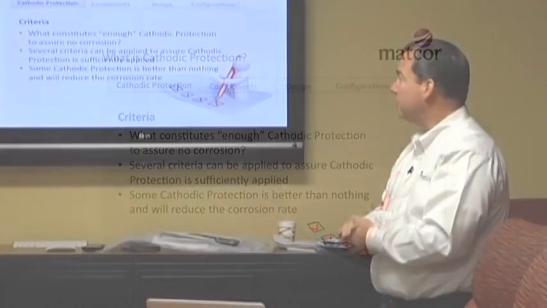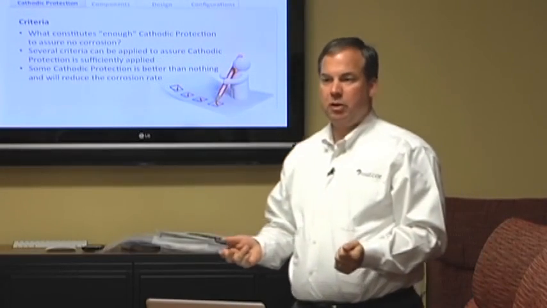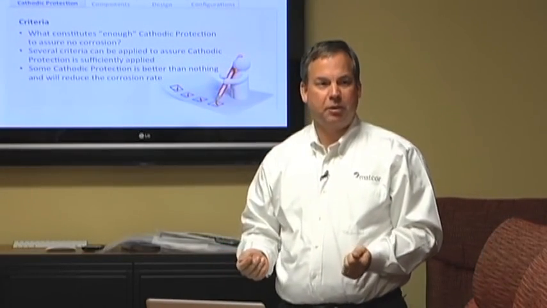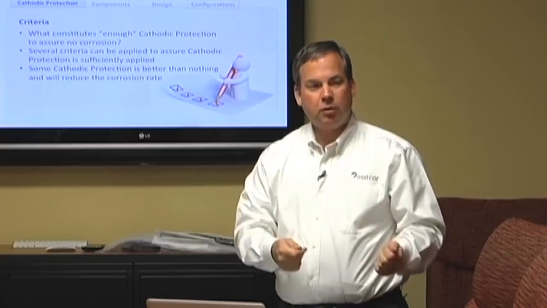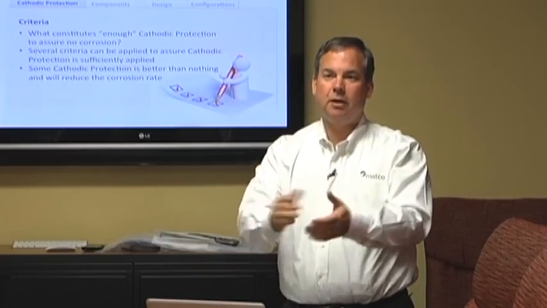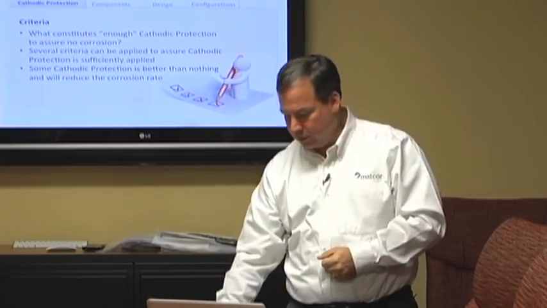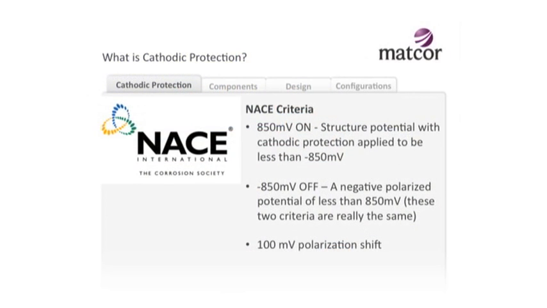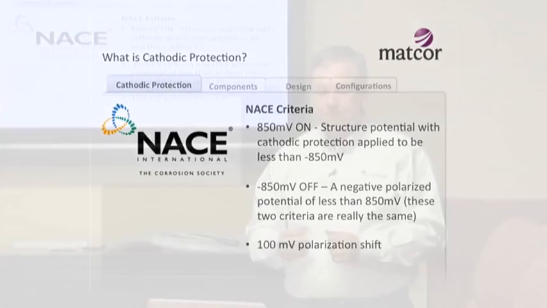Okay? There are several criteria that we use for cathodic protection. There's international criteria, there's criteria in the US. Canada and the United States use basically the same type of criteria. There's an organization called NACE. In the corrosion world, NACE is the International Corrosion Society. It used to be the National Association of Corrosion Engineers, but they've gone global and they don't like to be called national anymore, so they just go by NACE.